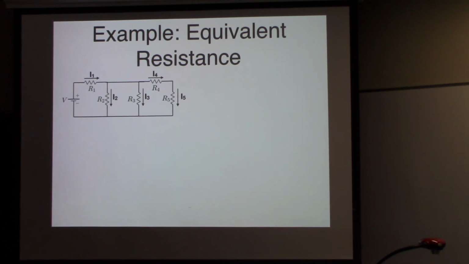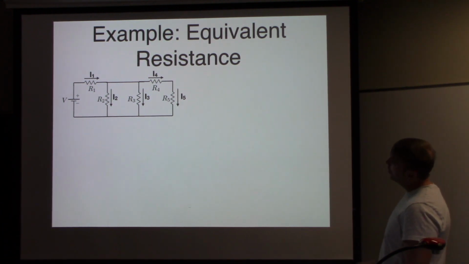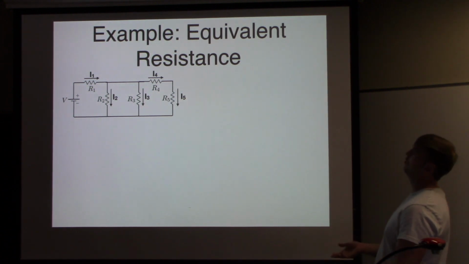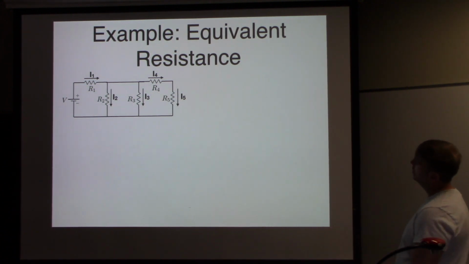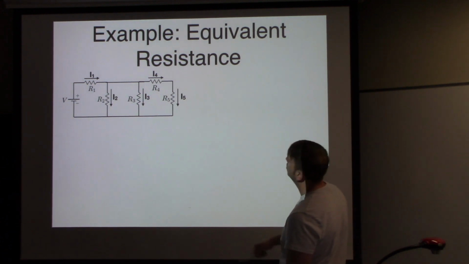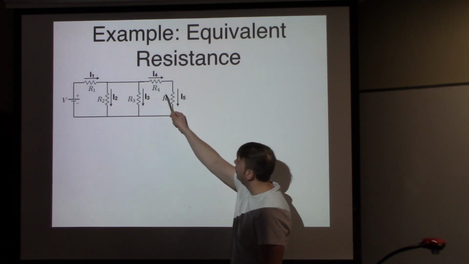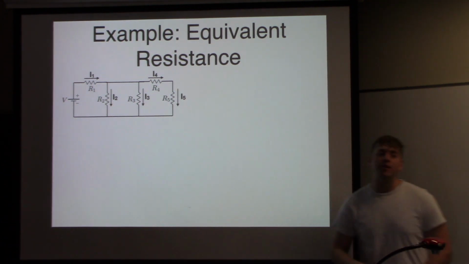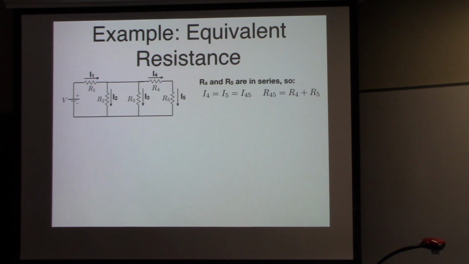And the first thing we should be thinking is, how can I combine any of these resistors? So take a look at the diagram for a second, and after you look at it for a while, it should hit you that the first thing we can do is combine R4 and R5 as a series combination. So 4 and 5 are in series.